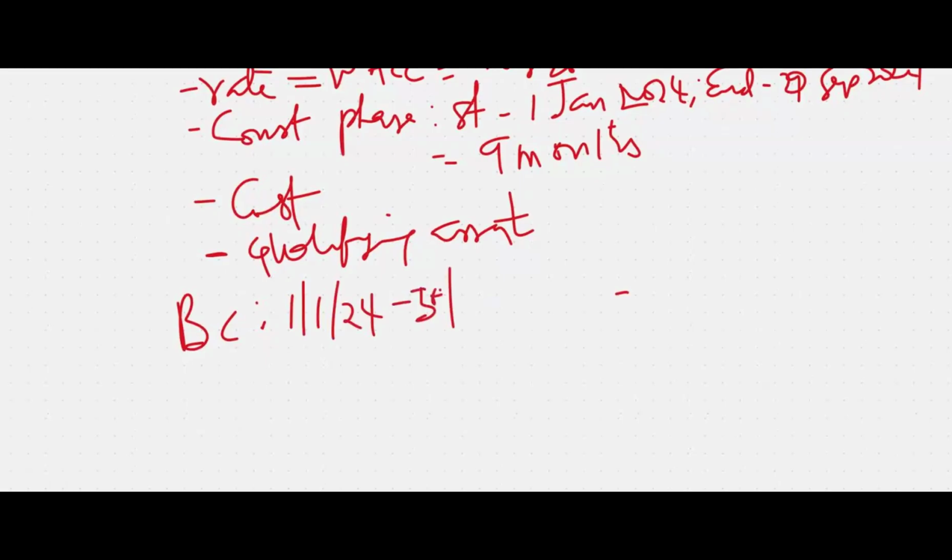How many months is that? 9 months. We calculate the cost as the rate, which is 10.8%, times 9/12, times the amount paid. How much was paid to the contractor in January? 10 million.